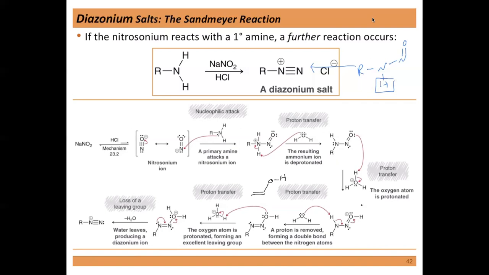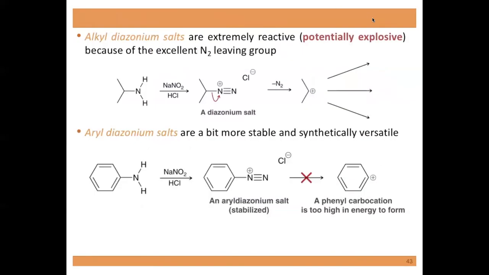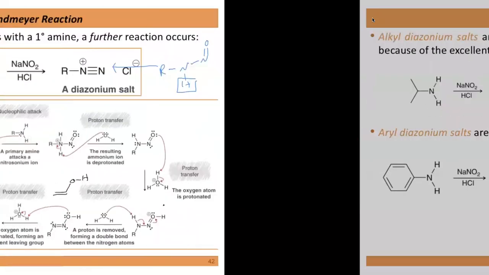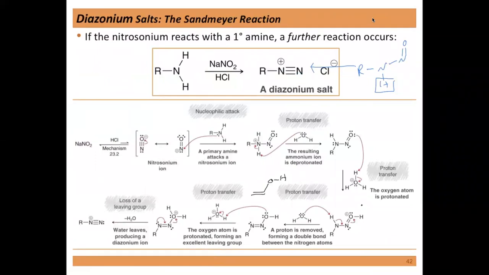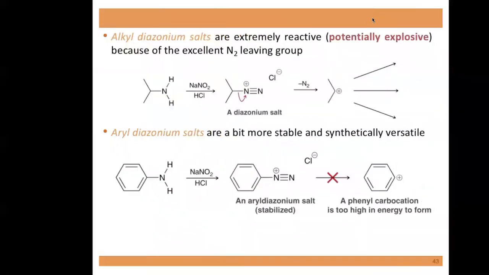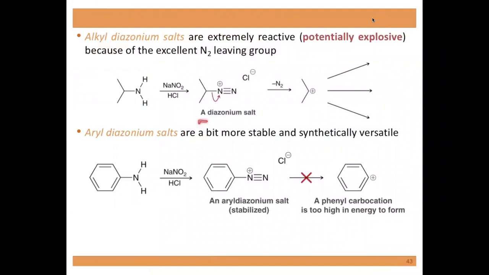And since it's charged, you're going to have some type of counter ion there. Okay, so with alkyl diazonium salts, we get this diazonium compound right here. So if you take sodium nitrite and HCl, you'll get this diazonium salt. And again, if you want to know the mechanism, it's that whole process down there at the bottom. Now, alkyl diazonium salts aren't very stable.